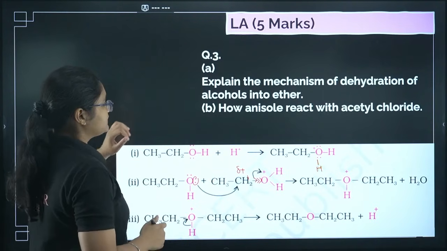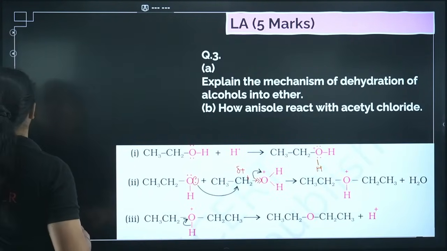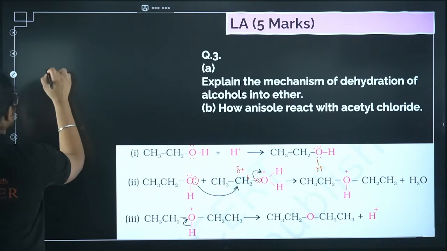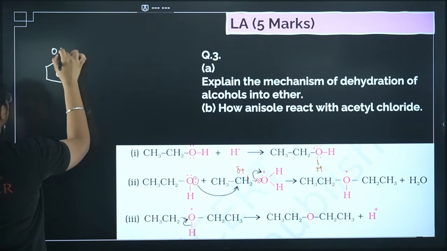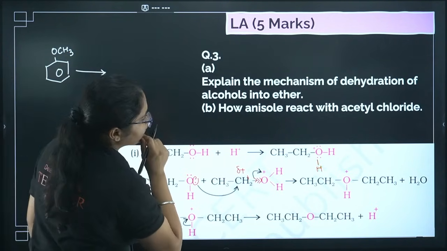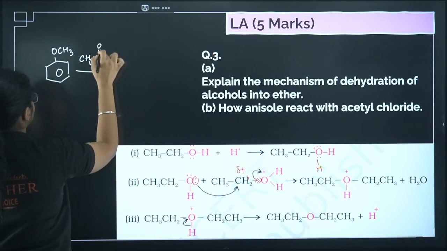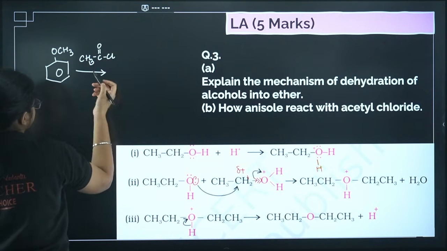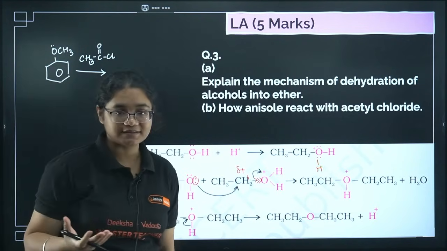Next, how anisole reacts with acetyl chloride. That reaction I'll write here. Anisole is OCH3, reacting with acetyl chloride, that is CH3COCl. Now this OCH3 is an electron donating group, so again it will be ortho-para substitution.